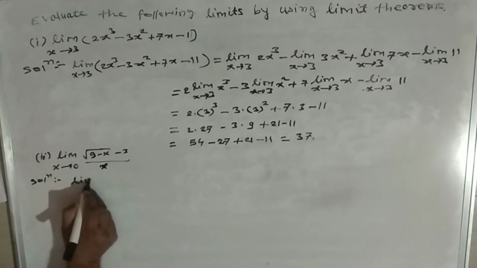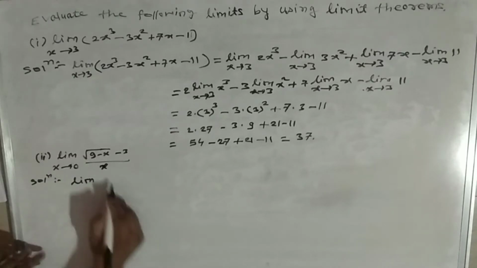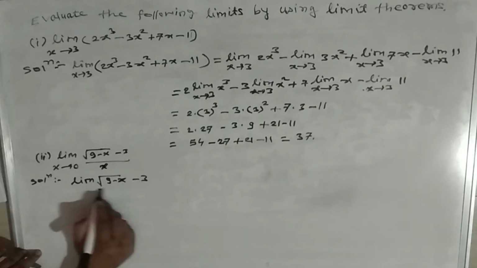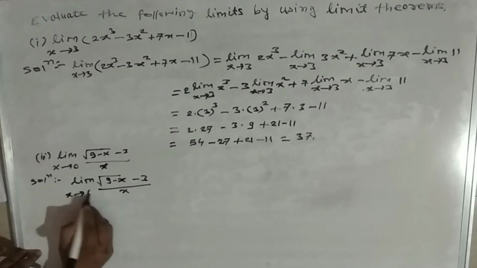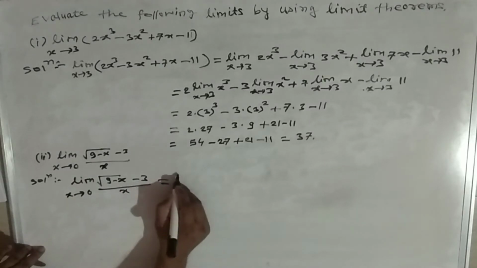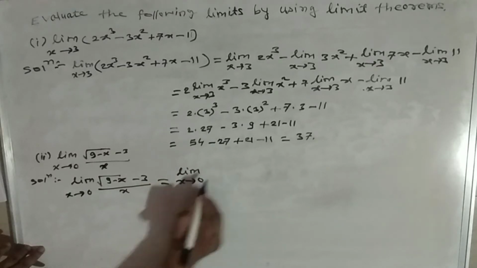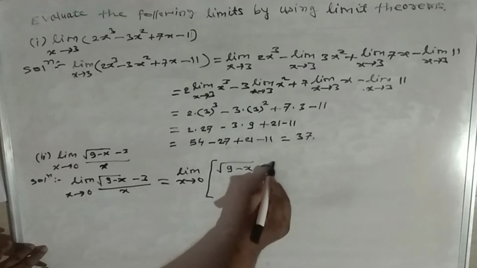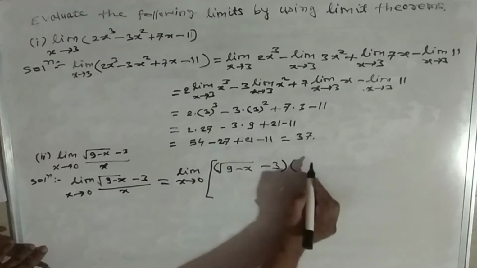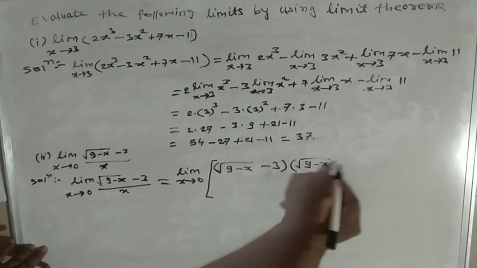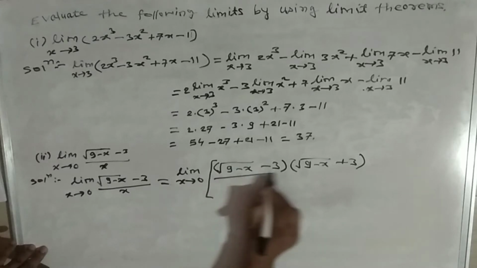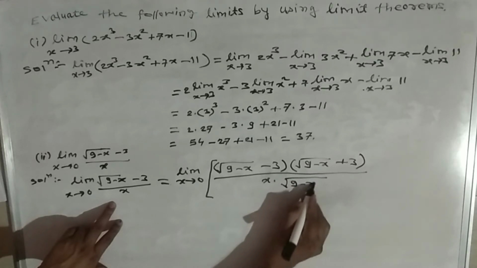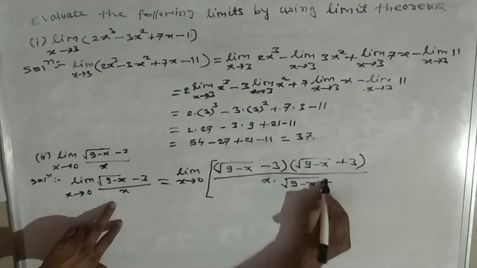Limit of a function root 9 minus x minus 3 divided by x as x tends to 0 is equal to, this can be written in this form, limit as x tends to 0 of root 9 minus x minus 3 into root 9 minus x plus 3, divided by x as it is, into root 9 minus x plus 3.